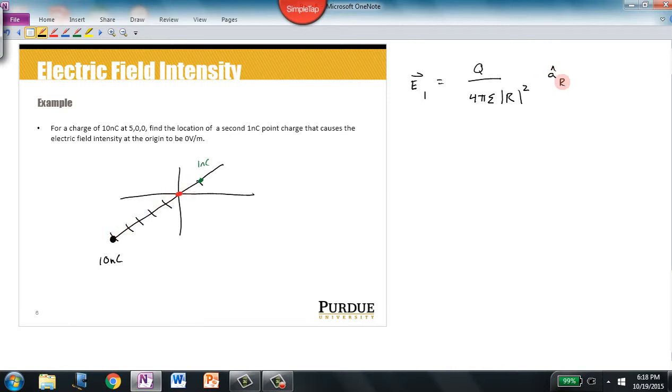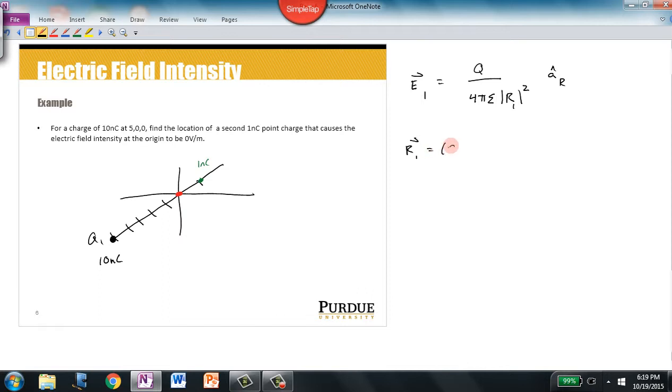So a hat R, remember, is our notation for that.